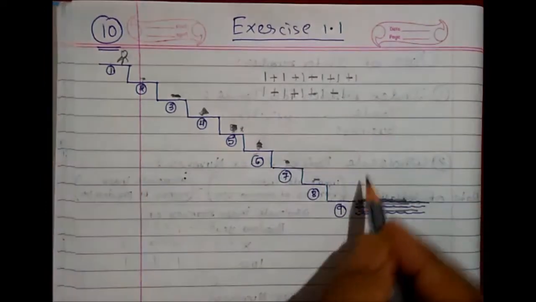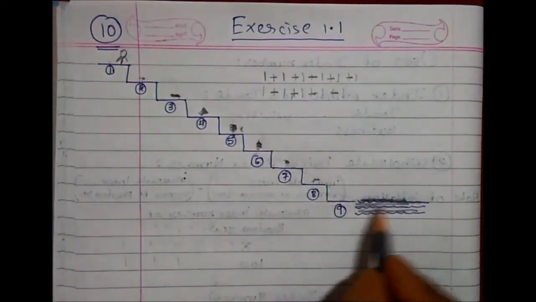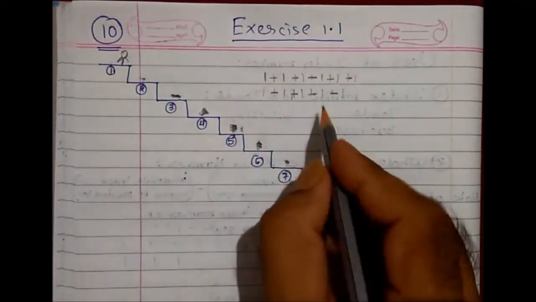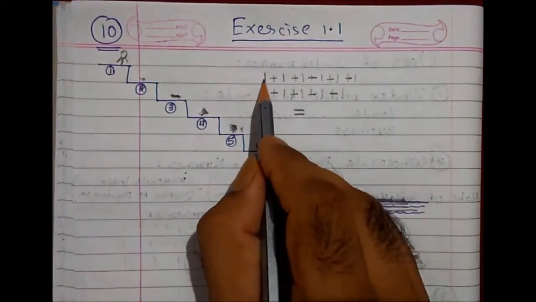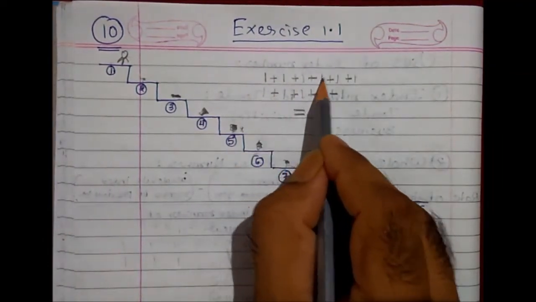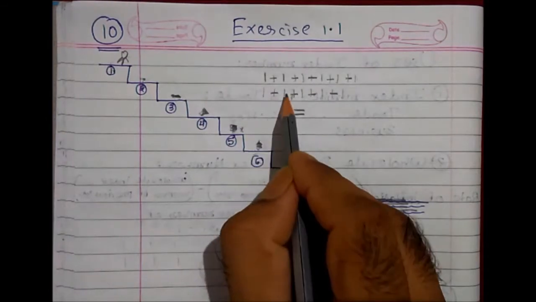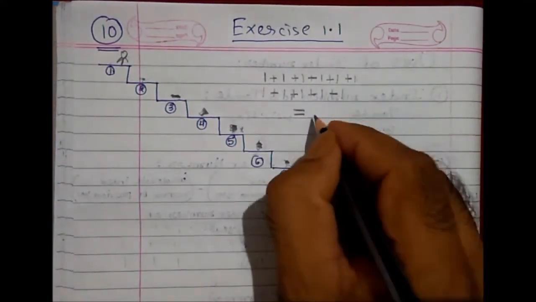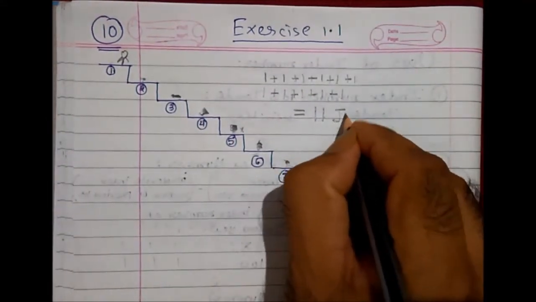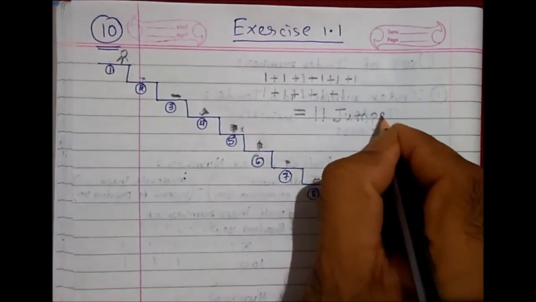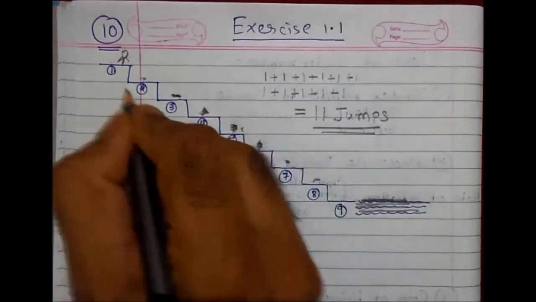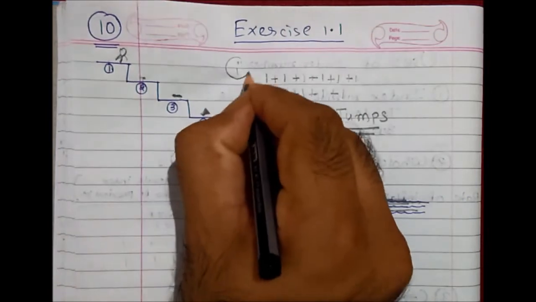So only plus 1. He will not get back. So the total number of jumps will be 1, 2, 3, 4, 5, 6, 7, 8, 9, 10, 11. This is for the first.